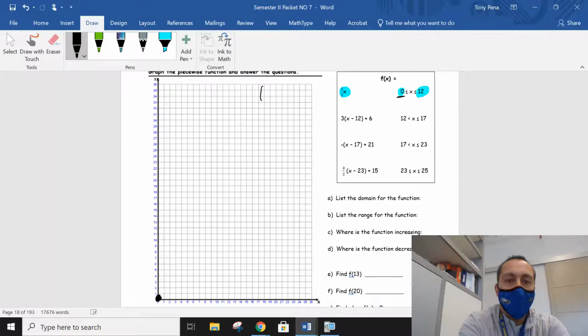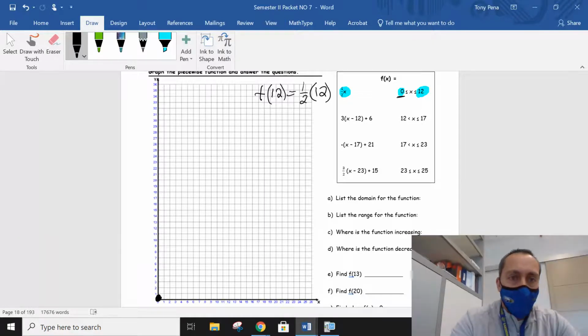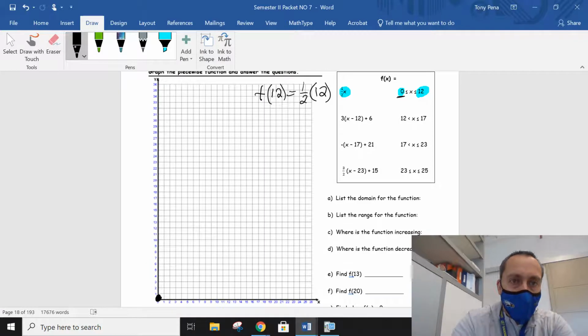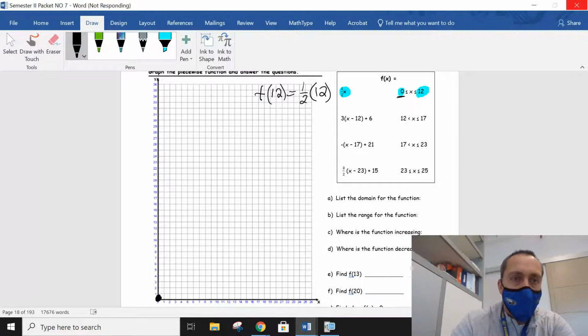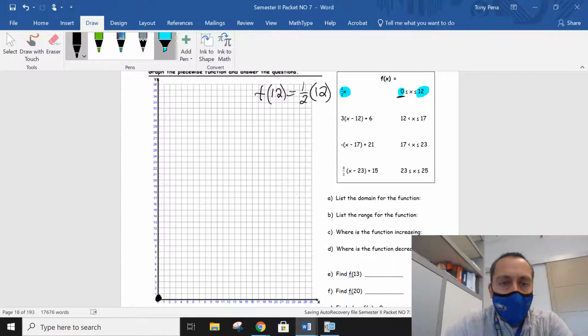So find f of 12. So that means I'm, again, using this function here, 1/2 of x. And I basically want 1/2 of 12. What that then means, go to the x value of 12. So if you look on the x-axis on this, go to the x value of 12. We know our y coordinate is going to be 6.